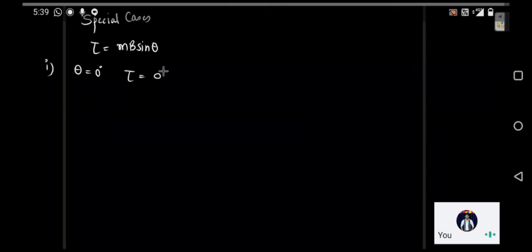That means that the torque is going to be minimum when the plane of the coil is perpendicular to the magnetic field. So supposing this is your north pole, this is your south pole, how should your plane be? Your plane should be like this. That means the magnetic field and the area vector, or the magnetic dipole moment vector, both should be in the same direction.